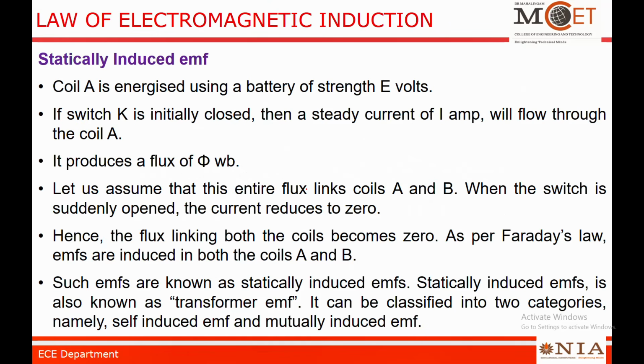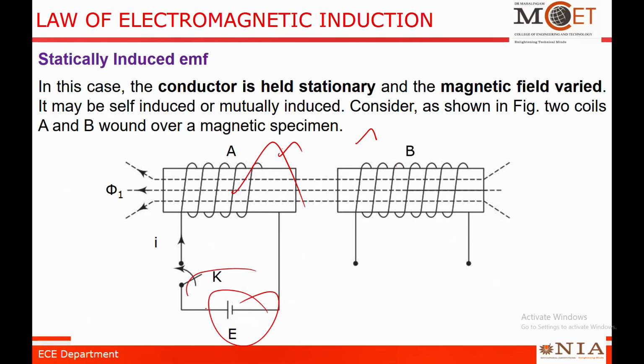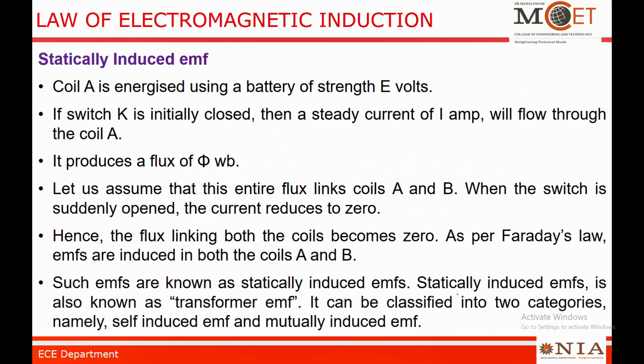If switch K is initially closed, a steady current flows through coil A, and the flux linkages are psi 1. The EMF produced in this way is the statically induced EMF, also known as the transformer EMF.